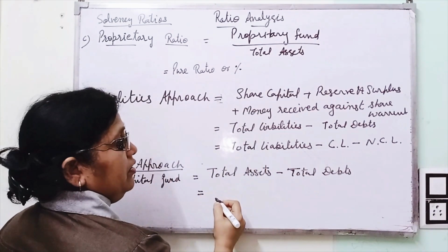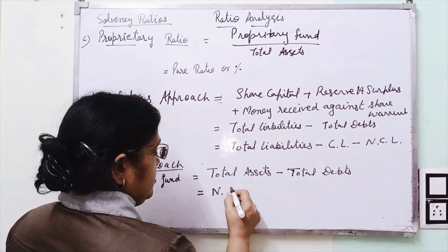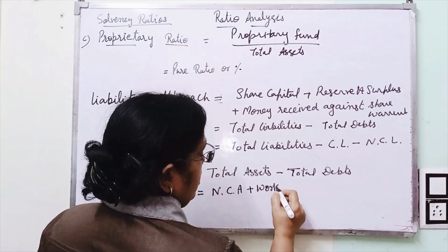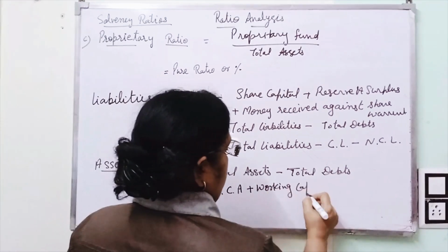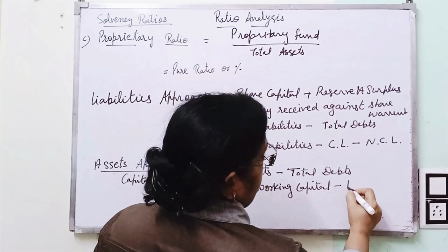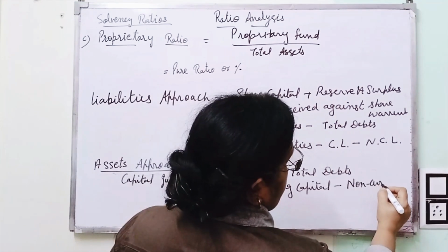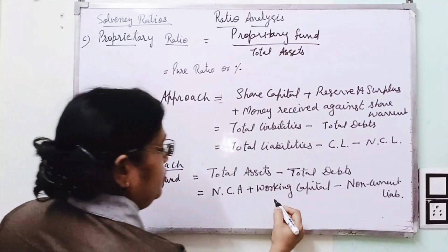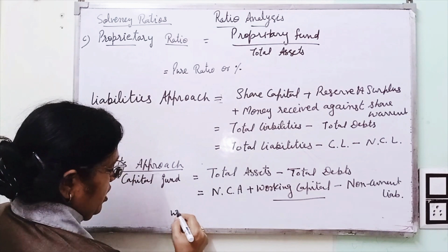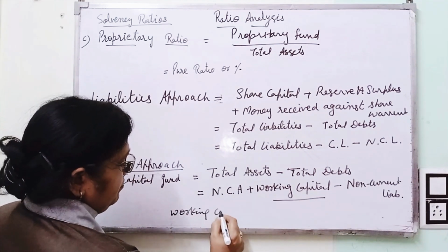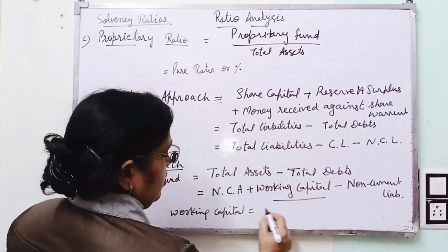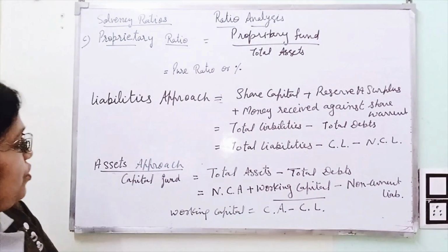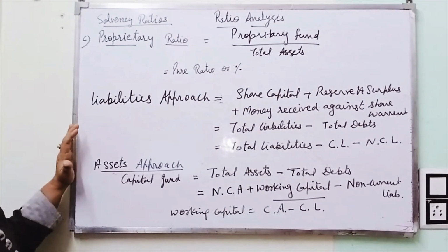Or we can say non-current assets plus working capital minus non-current liabilities. Here I want to tell you about working capital. Working capital is equal to current assets minus current liabilities. So I think this concept is clear to you.